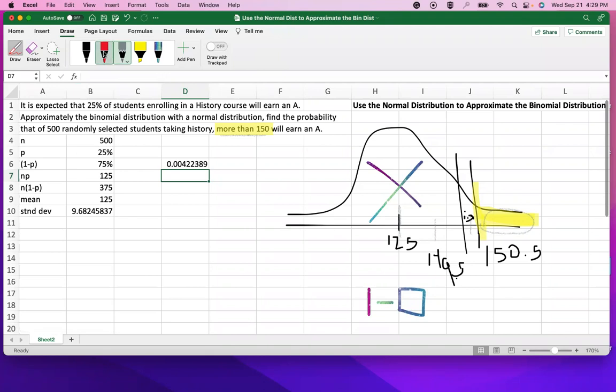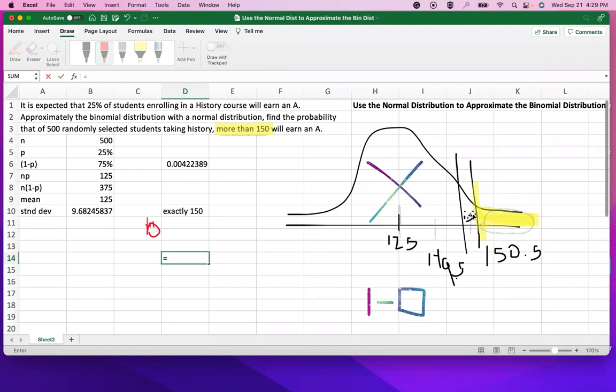Let's say we wanted to do exactly 150. So let's say we want to know the probability of exactly 150 students. Thinking through that, we're going to have to subtract, because we want just the area between the 149.5 and 150.5.